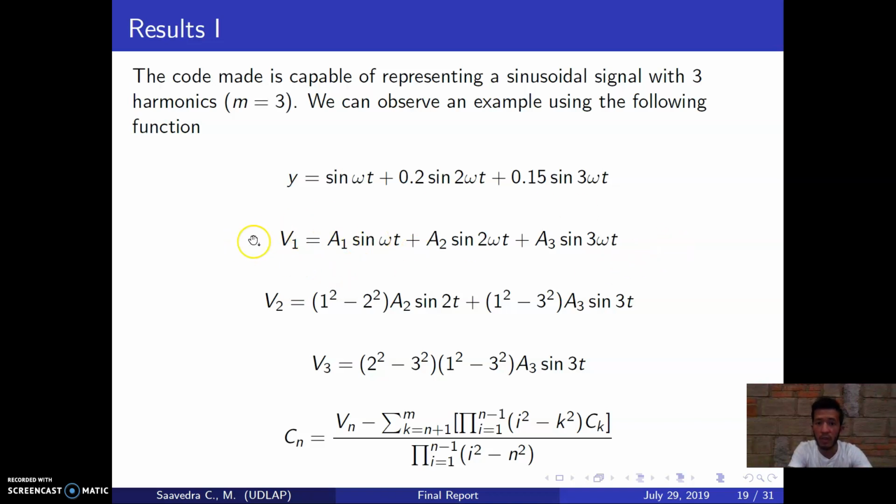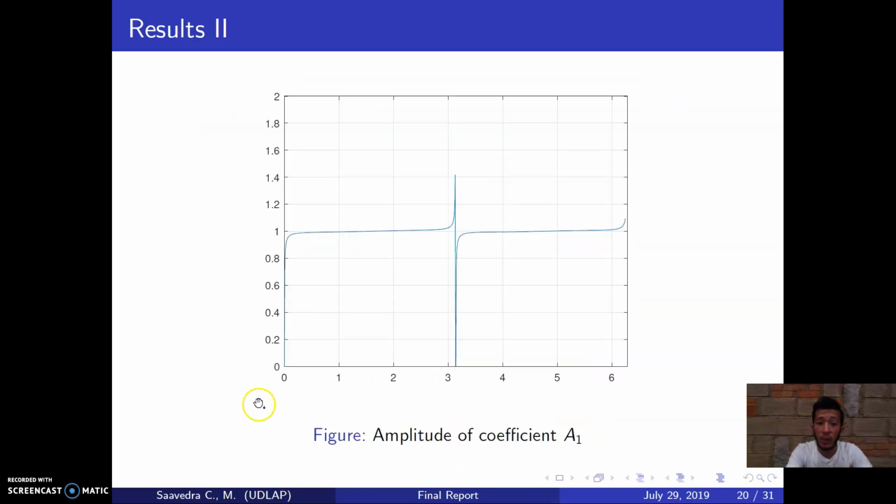When we have these 3 harmonics, we apply our method: we apply it to V2, we have no longer A1; we apply it to V3, we have no longer A1 or A2, and here we can determine A3. After determining A3, we have to make this regression in order to obtain A2 and A1, and the results were the following.